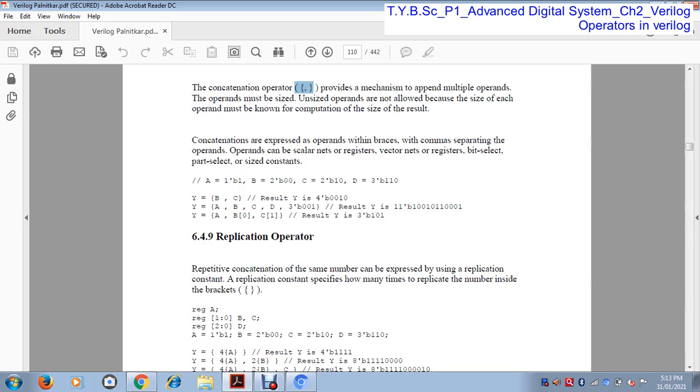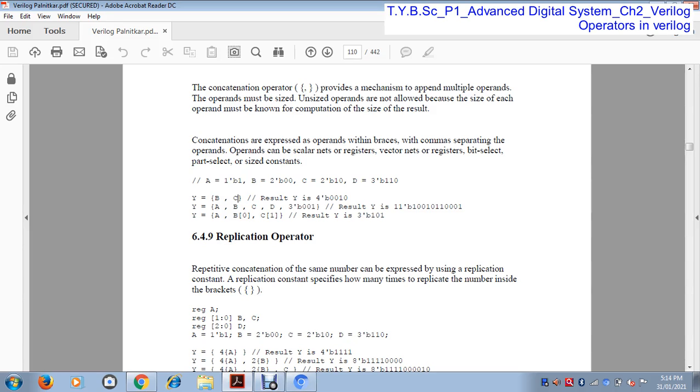So the value of a is 1, the value of b is 00, the value of c is 10, and the value of d is 110. So here a is 1 bit, b is 2 bit, c is 2 bit, and d is 3 bit. Okay. Now y is equal to b and c. Within this y there are two operands, b and c.